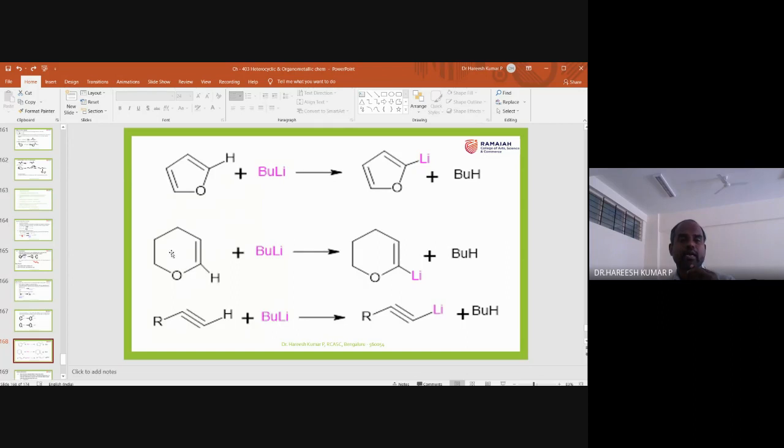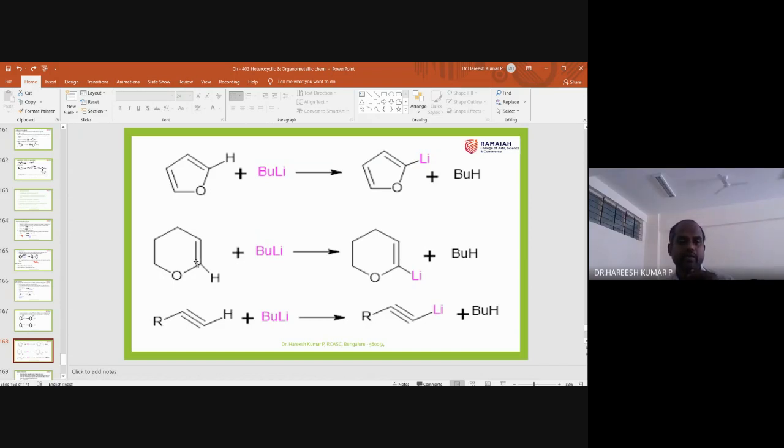What is the name of this compound? It's pyran. Of course, there is a double bond. Tetrahydro we can say, because from here to here there is no double bond. Here a double bond is not possible because oxygen has only two valency. So without the double bond it is called pyran.